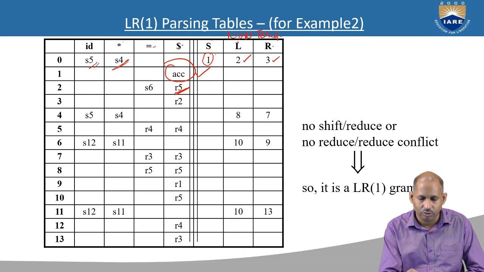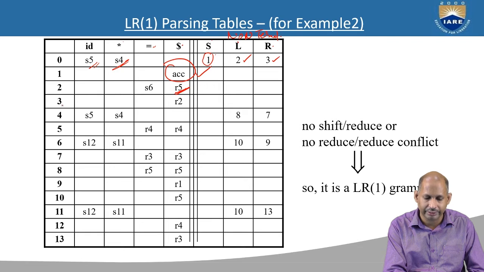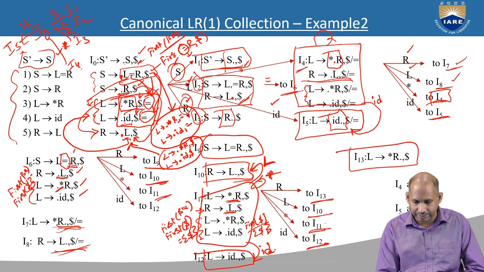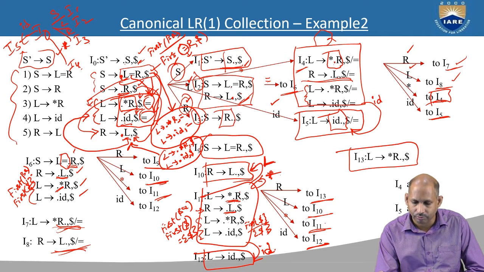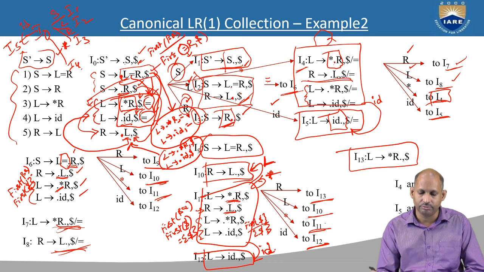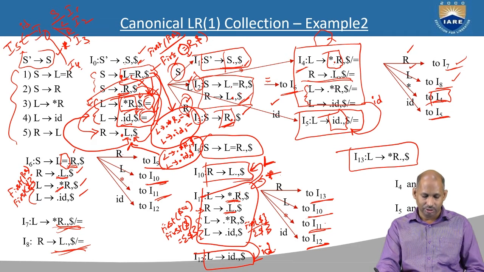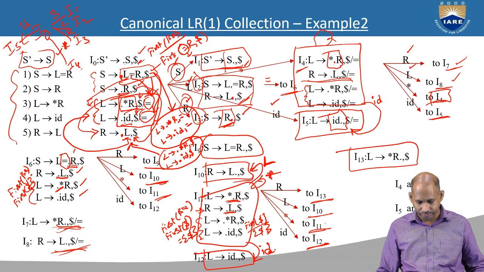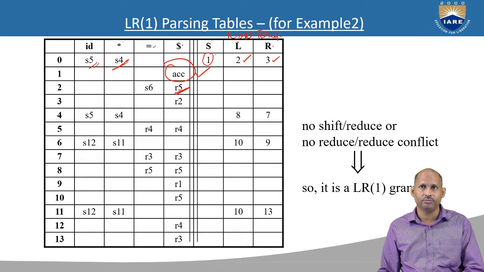Now what is next? I3. Right? What is I3? I3, dot and followed by dollar.